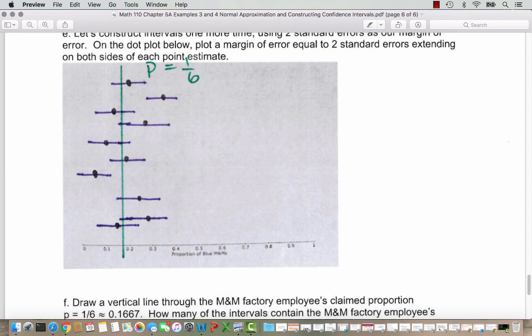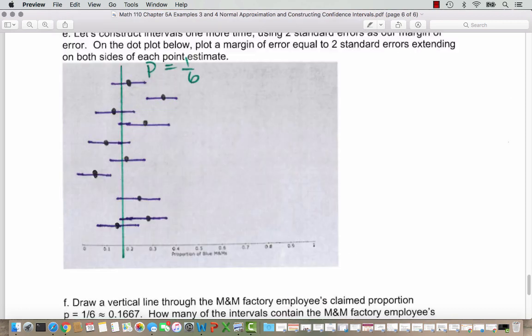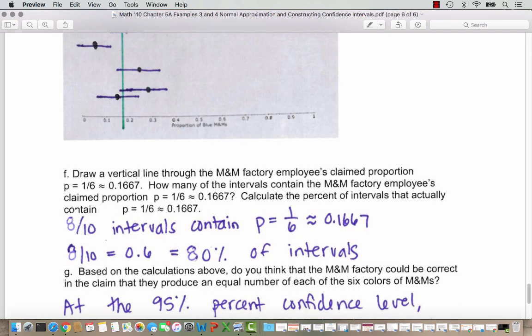So that's the green line here, a little before 0.2. And so we can count up the intervals that contain the claimed proportion 1 out of 6. So it looks like this crosses through 8 out of 10 of the intervals, following my best drawing skills. So 8 out of 10 intervals contain p equals 1 out of 6, or 0.1667 as a decimal. So 8 out of 10, that should say 0.8, not 0.6, is 80% of the intervals.